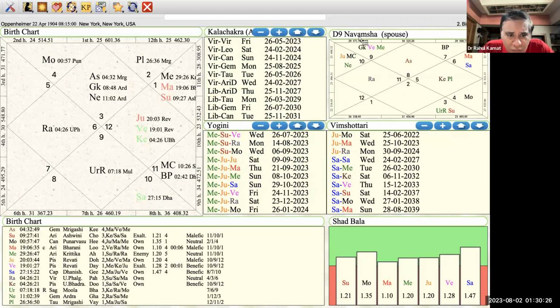So we've seen that. Now, what else do we want to see? We want to certainly look at the moon very carefully, because this man, at one level, because of the Mercury, which was fiery, had a certain fiery instinct in him.